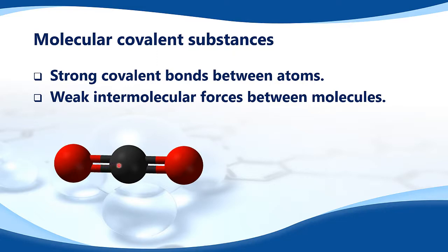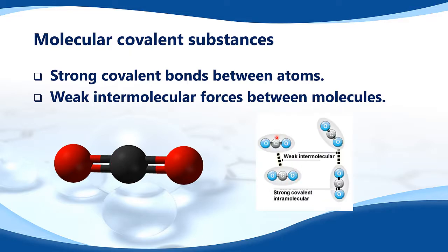These covalent bonds between the atoms of carbon and oxygen are strong and require a lot of energy to break. However, here we have carbon dioxide molecules. The intermolecular forces between the molecules are weak and easy to break.